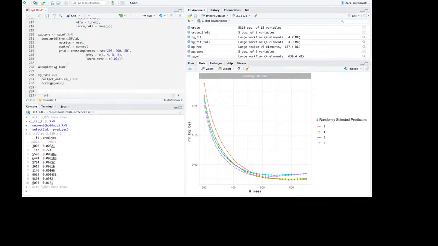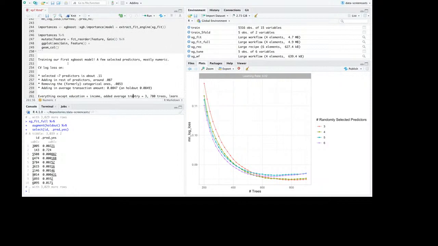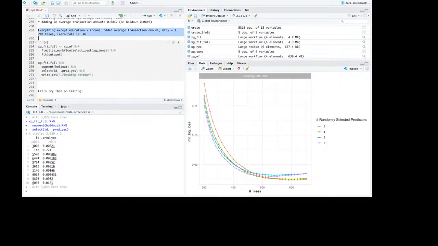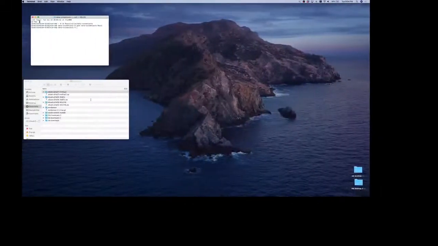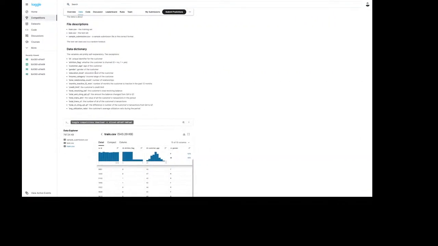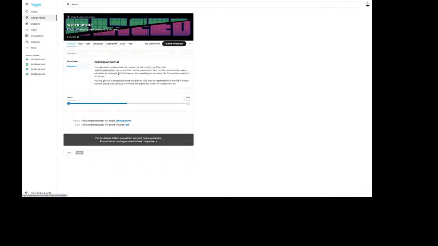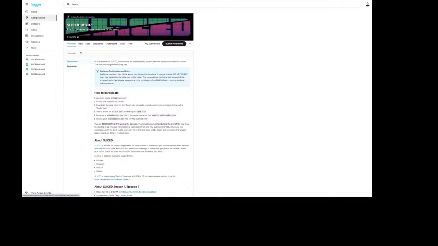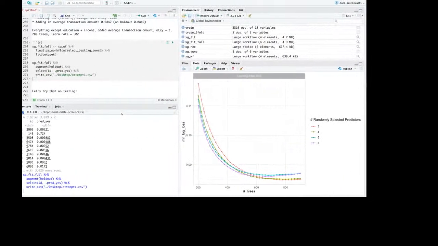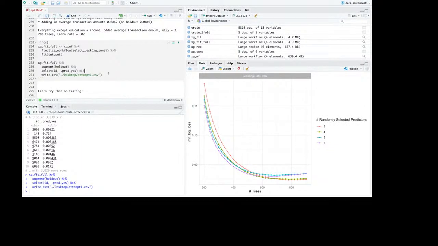Everything except education here added. Just wanted to note what attempt. I just want to check it's prediction yes that we're supposed to have. I imagine so. Is it the probability of attrition flag? Yeah, it absolutely is. But I'll make sure of that in a sec.